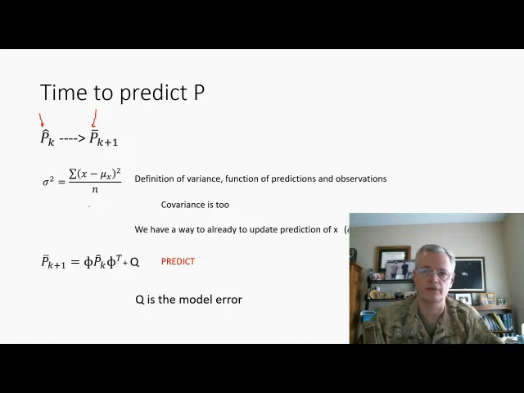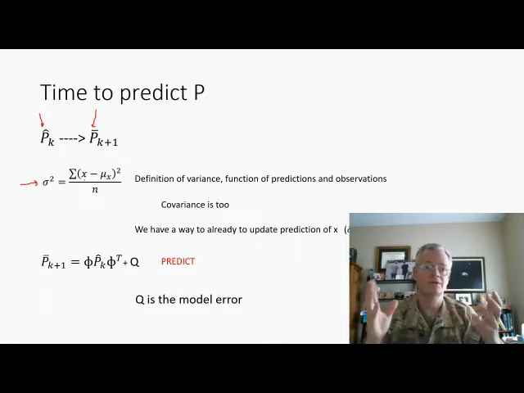So here's where the hand waving comes in. We know that variance itself, I imagine you've seen this before, you're subtracting some prediction from data, or the mean.